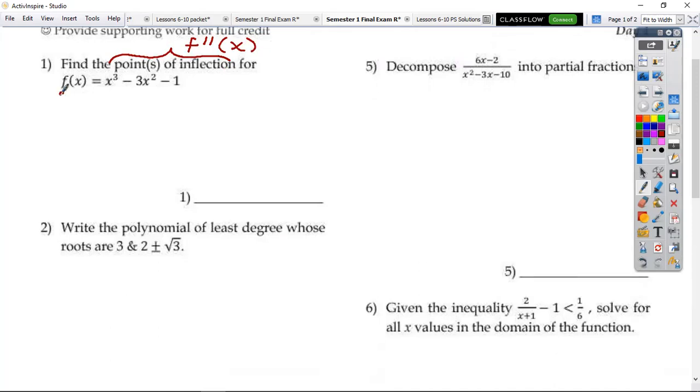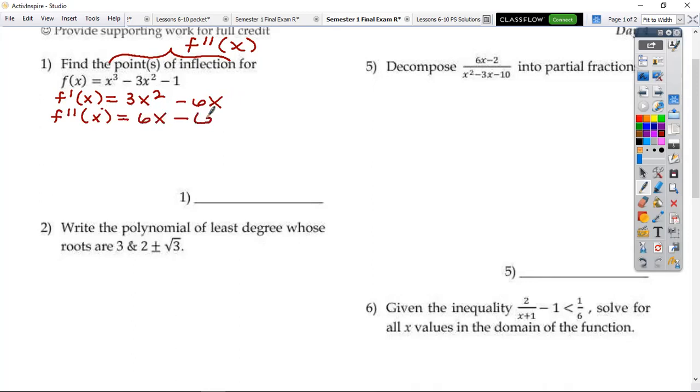So first I'm going to do my first derivative. So power down in front, subtract 1 off the exponent. Power down in front, subtract 1 off the exponent. And derivative of a constant is 0. Now you're going to do it once more. So f double prime x is equal to power down in front, 6x.